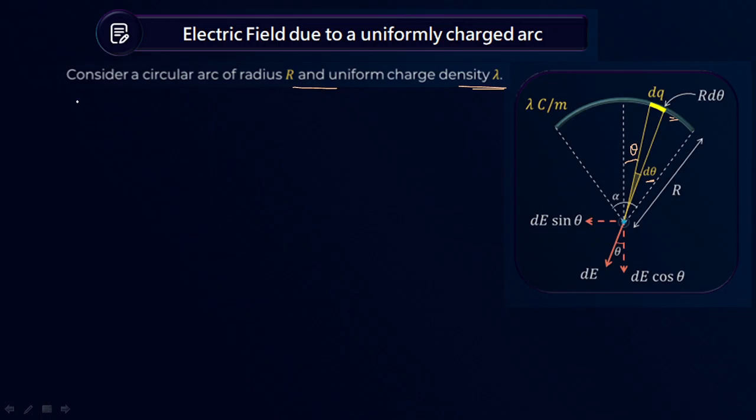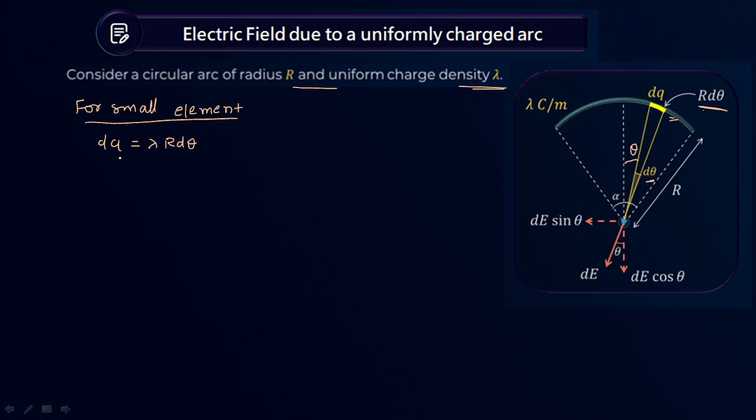So for this small element we can write dq equals lambda into length, which is r d theta, where r is the radius and the angle subtended by this element is d theta. So dq equals lambda r d theta.